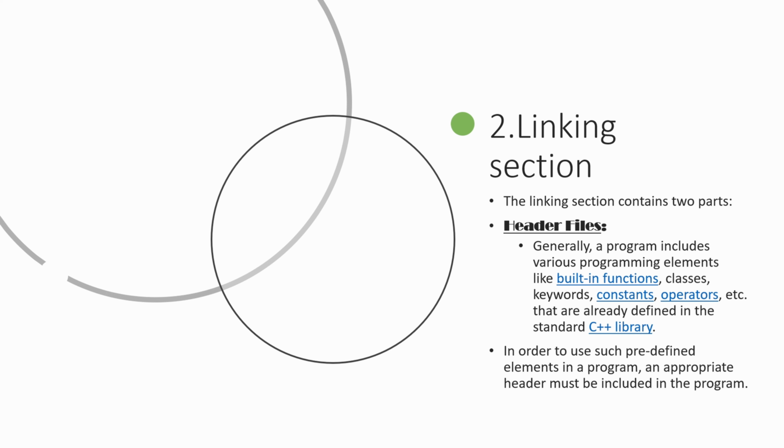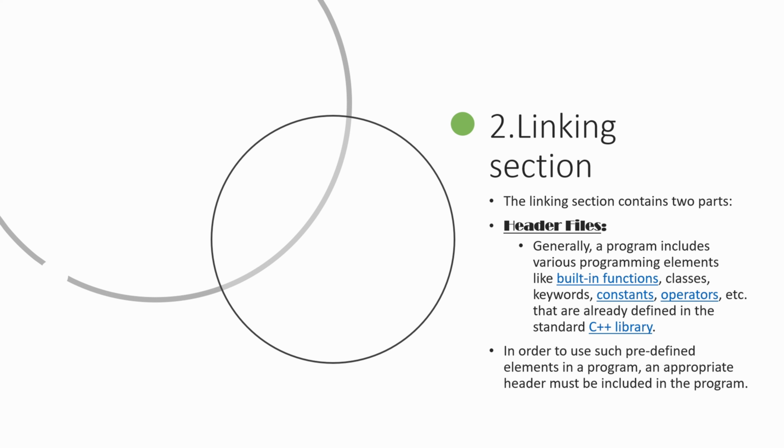So, header files. Generally, a program includes various elements like built-in functions, predefined functions and classes, keywords, constants, operators. Where do you think these are all stored?